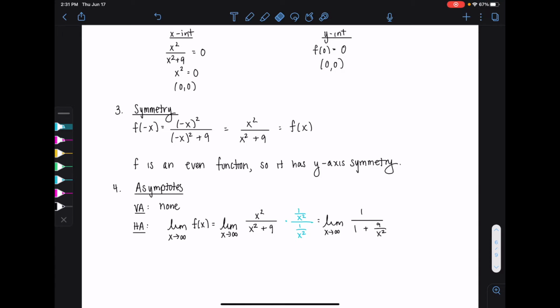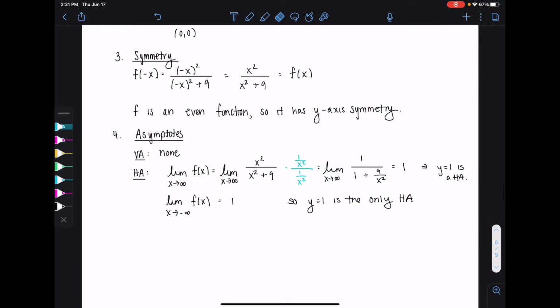In the denominator, 1 plus 9 over x squared. This goes to 0, so you get 1 over 1. This limit is equal to 1. So y equals 1 is our horizontal asymptote that we're going to hug. If you do negative infinity, not going to change this bit at all. That second piece is still going to go to 0. So really, y equals 1 is the only horizontal asymptote. Okay.